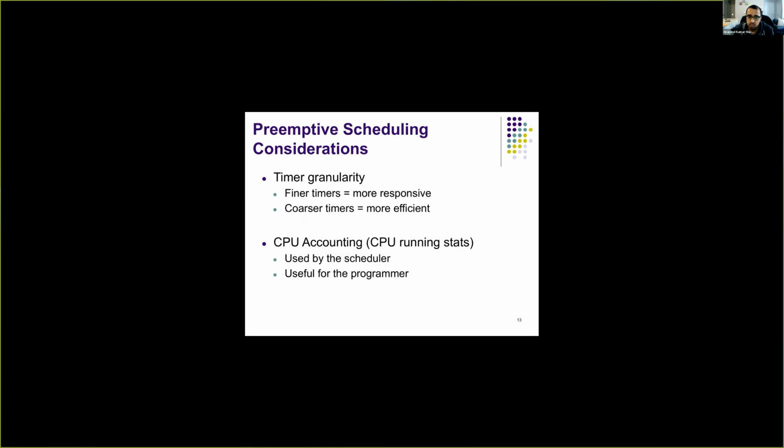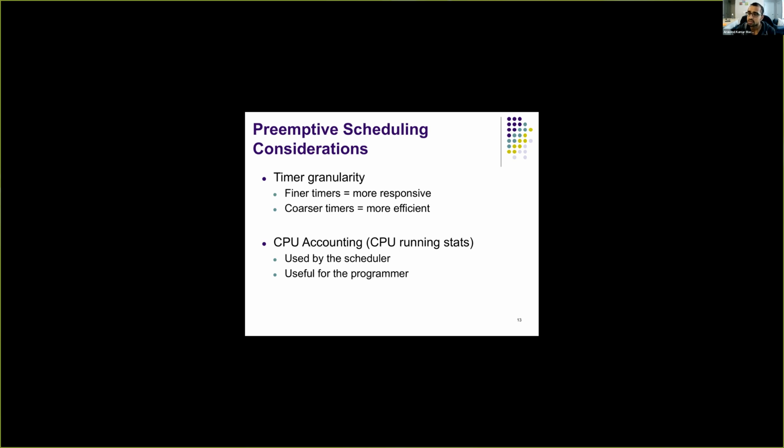Because of this overhead, there are some considerations that we need to think of in the case of time sharing systems or preemptive scheduling systems. For instance, timer granularity. What happens if we make the timer more fine grained? In the sense, what happens if we decrease the timer to, let's say, 1 millisecond? That means every millisecond, the operating system has to incur the context switch overhead, right?